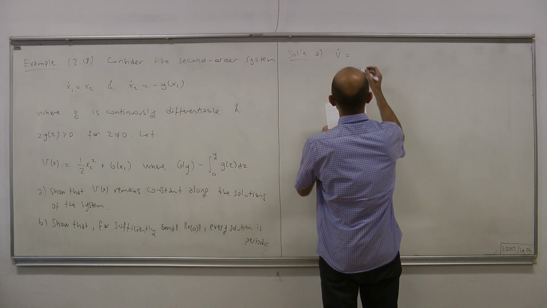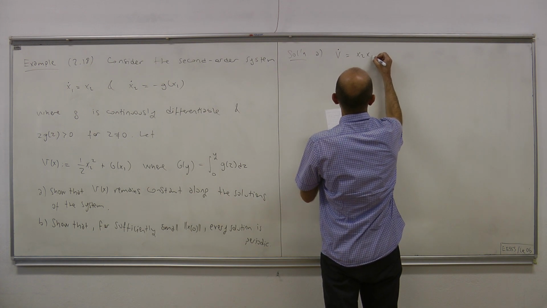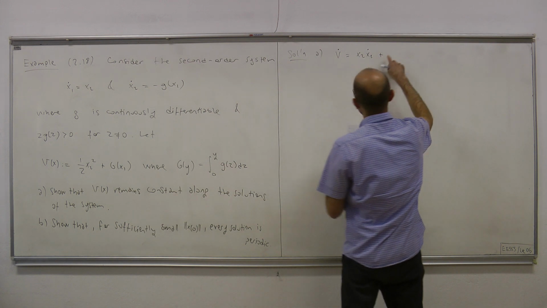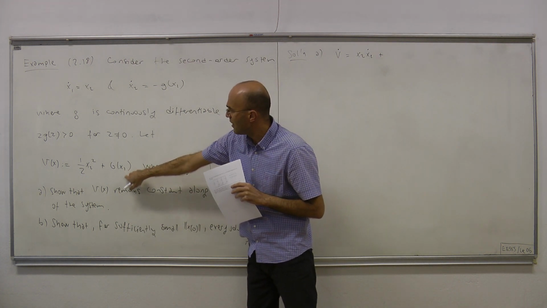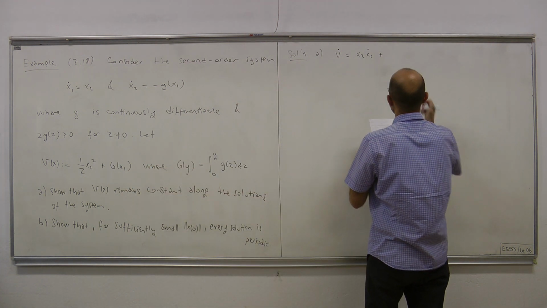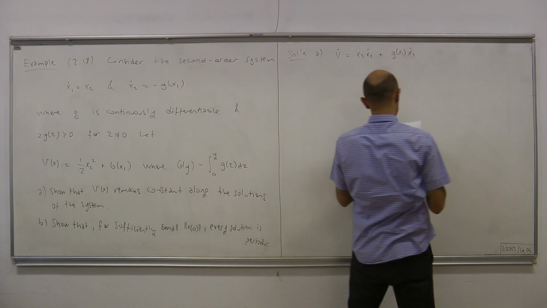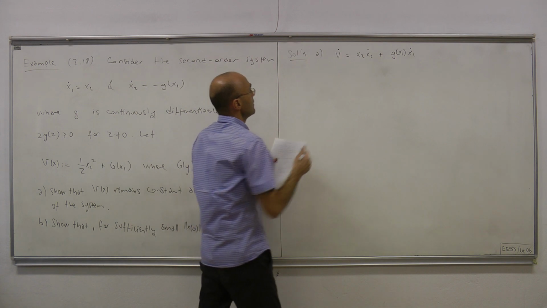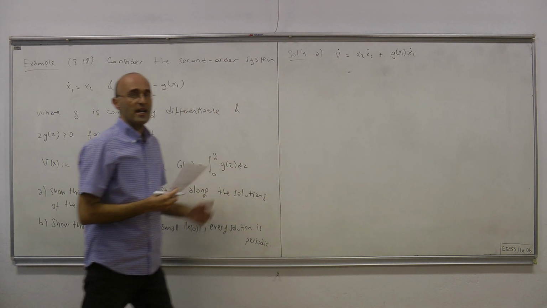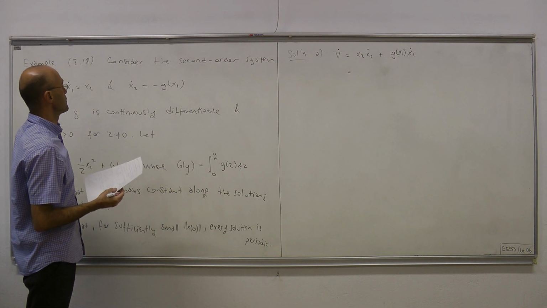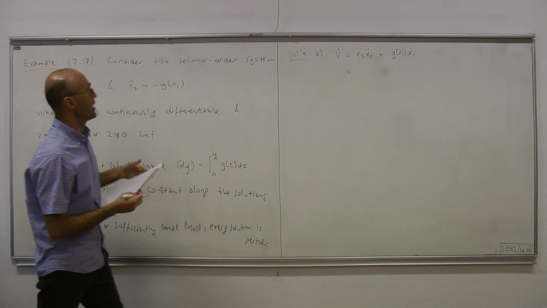So we have x2 times x2 dot plus partial of capital G times x1 dot, and partial of capital G is lowercase g times x1 dot. So that equals what? For x1 dot and x2 dot, we look at the system equation. x2 dot is minus gx1.